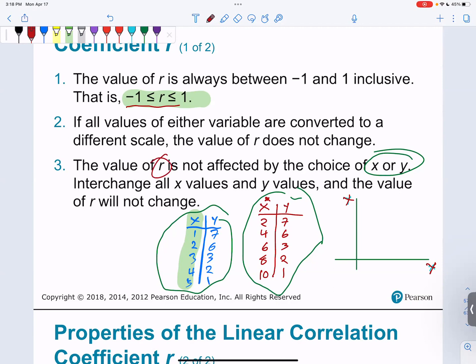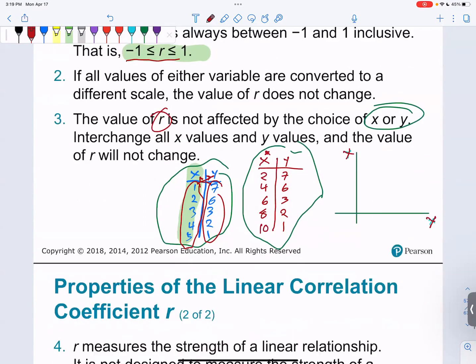If we put those values under X and those under Y, it will be exactly the same value of correlation. So we can choose X for the Y values and Y for the X values. That's okay.